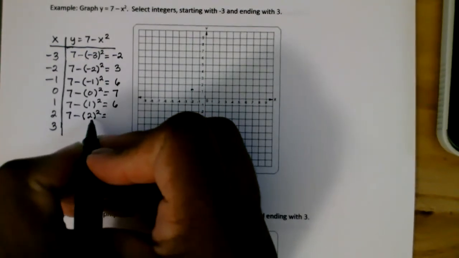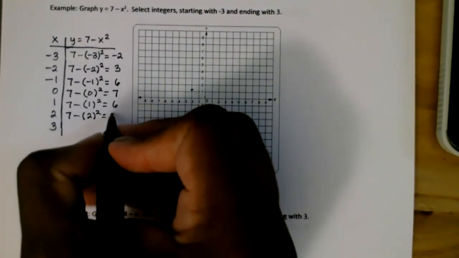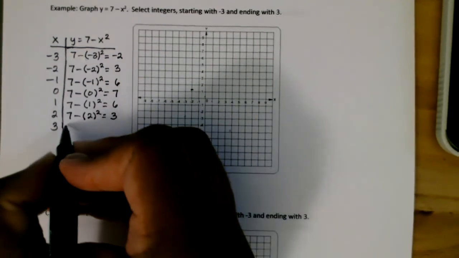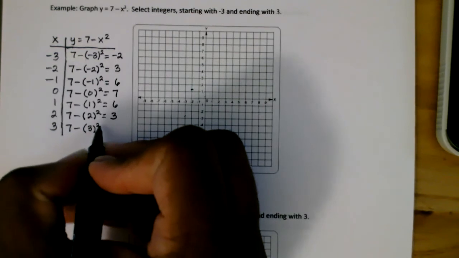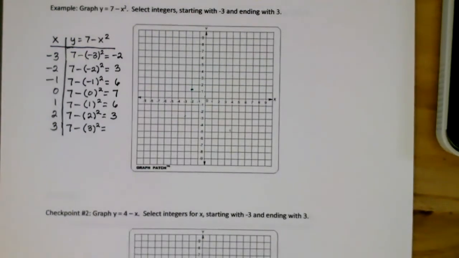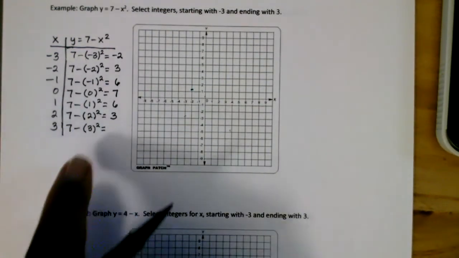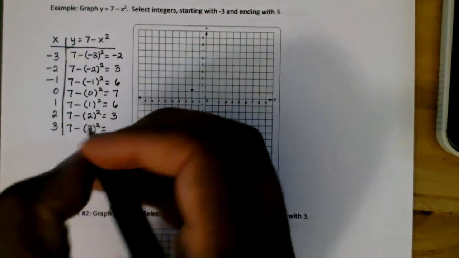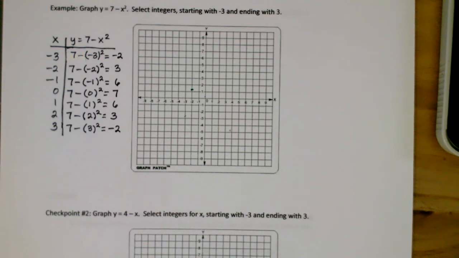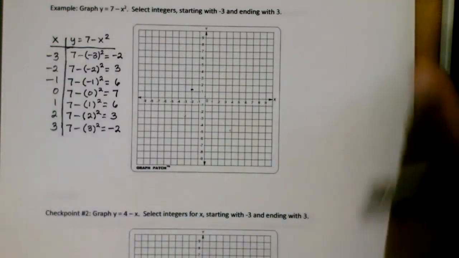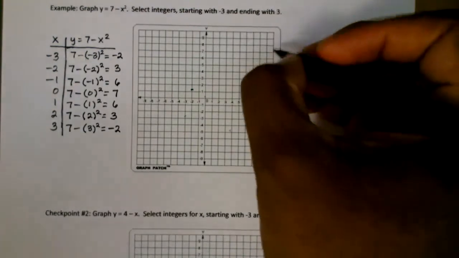Well, 2 squared will be 4. 7 minus 4 will be 3. And then finally for x equal 3, it'll be 7 minus 3 squared. 3 squared is 9. 7 minus 9 would be negative 2. So these are going to be all my ordered pairs for this equation that I will use to graph.